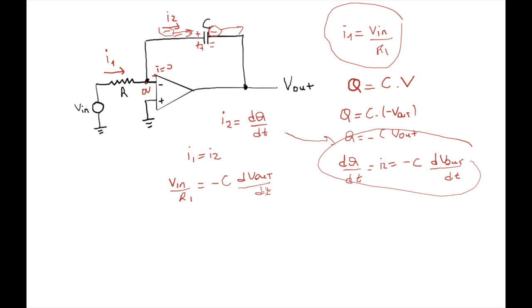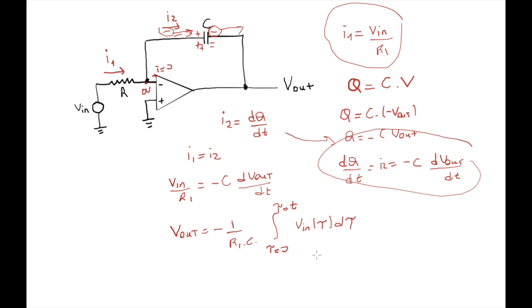Now of course I'm interested in calculating the output voltage as a function of input voltage, so I can take the integral of each side, and I can write V out is minus 1 over R1 times C, integral, let me use another variable, say, tau starts from 0 and tau goes to t, V in of tau d tau.